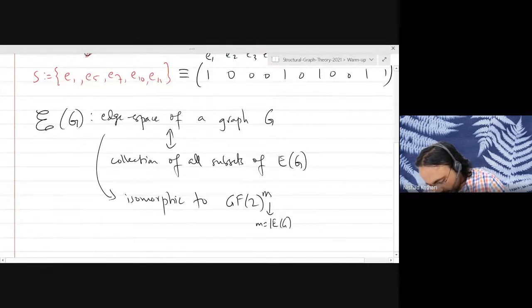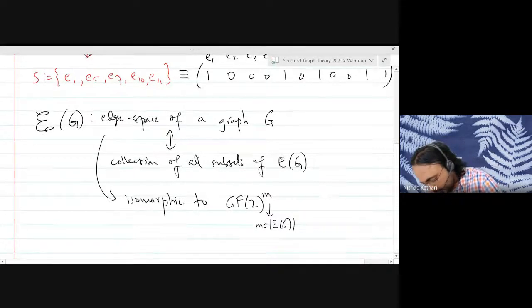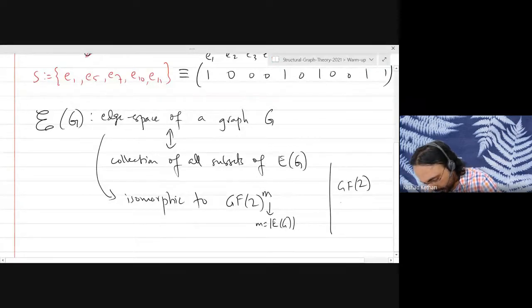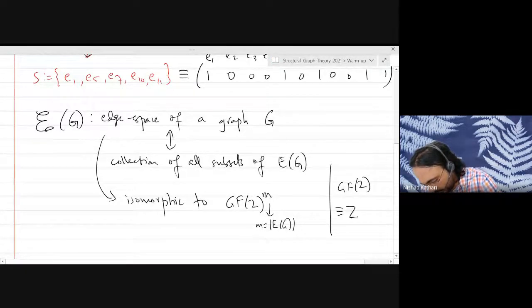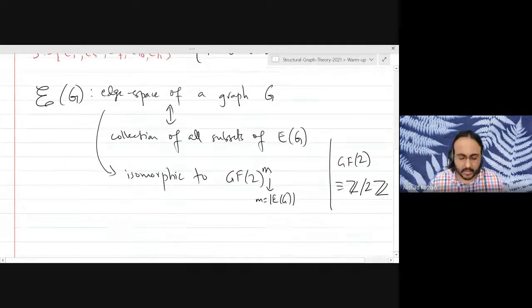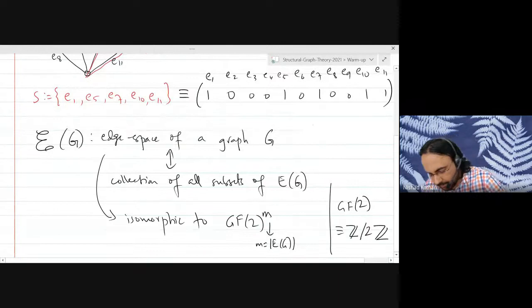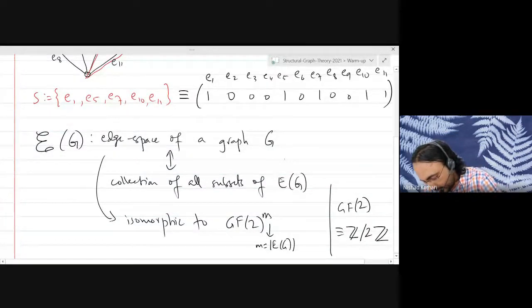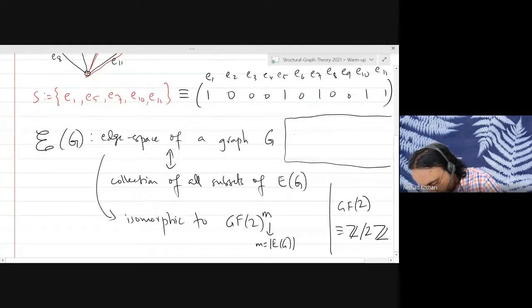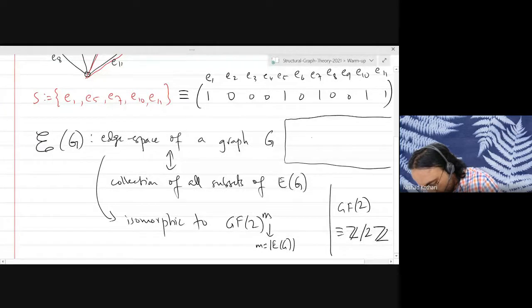Those of you who are not familiar with GF2 notation, GF2 is the same as the integers modulo 2. So the addition operation is simply symmetric difference. I'll give you an example. Addition is just symmetric difference.